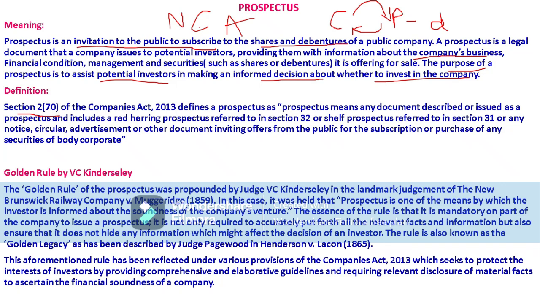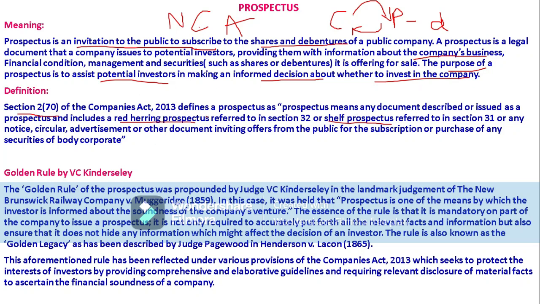Okay, so if we see here, a prospectus is any document issued to the public, which includes a red herring prospectus as well as a shelf prospectus. In the next slide we will learn in depth about the red herring prospectus and shelf prospectus, which are nothing but types of prospectus.